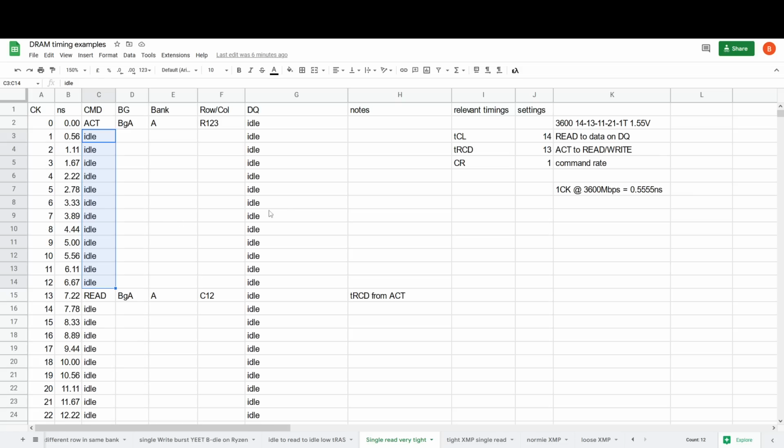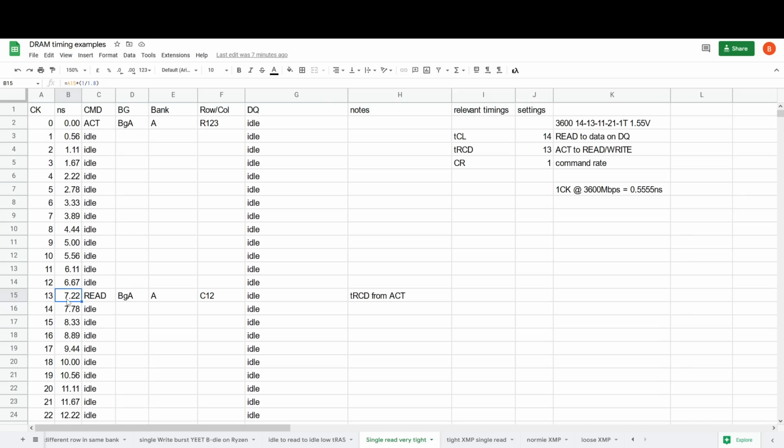We don't know how long it takes, but if we don't wait long enough, our data gets corrupted. This is a B-die memory chip, and these kinds of settings are realistic for B-die. Completing a row activation in like 7.22 nanoseconds is, in the grand scheme of DDR4, very fast. It's a very fast row activate.